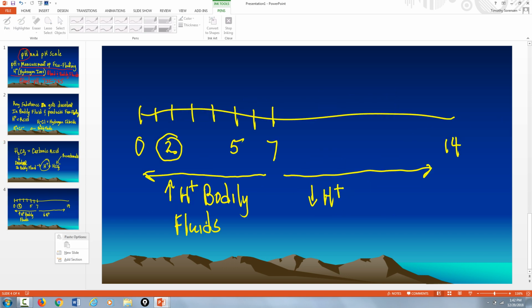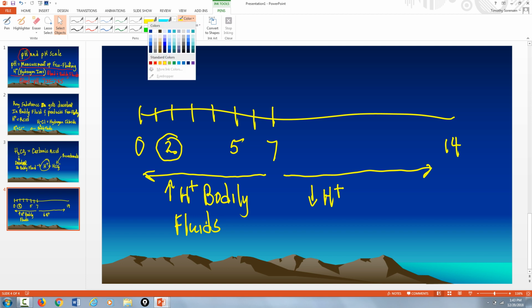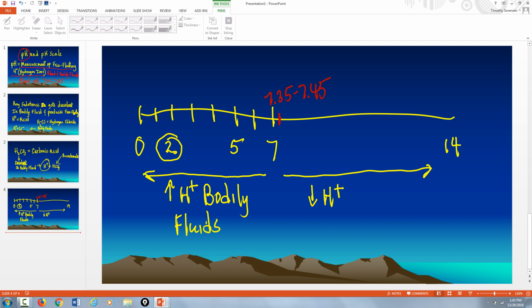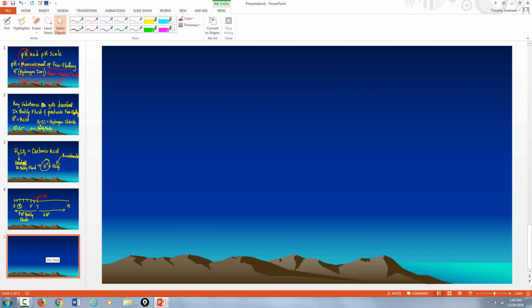Now, the question that should come to your mind is why does the pH of the blood have to be 7.35 to 7.45? Well, before we discussed pH, we were talking about organic compounds, right?